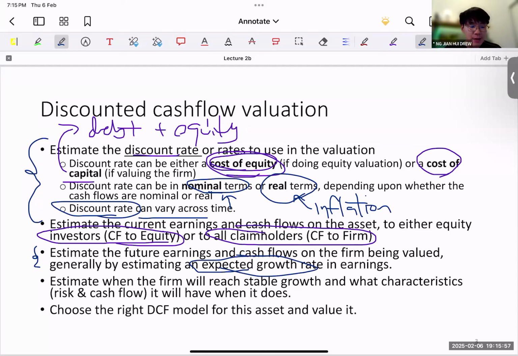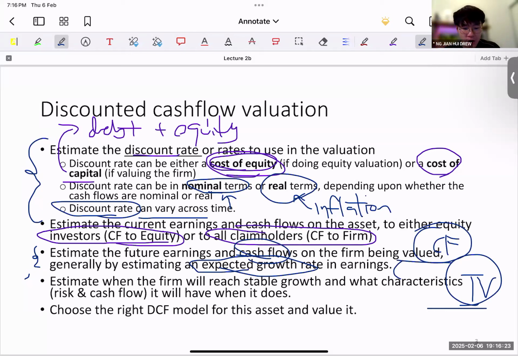We call it TV here, where the firm will reach a growth level that is constant, right? So there's a terminal value. And then from there, that's where we can discount everything back. The terminal value, the cash flow here, we discount the cash flow against the, let's say, cost of equity, COE.